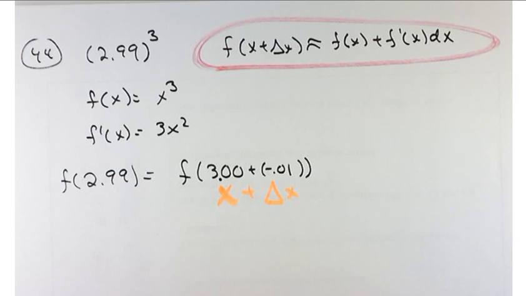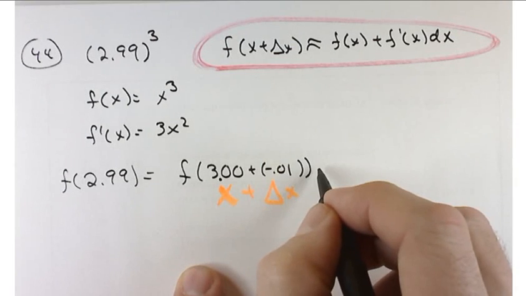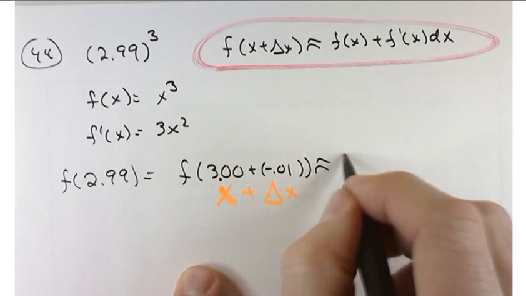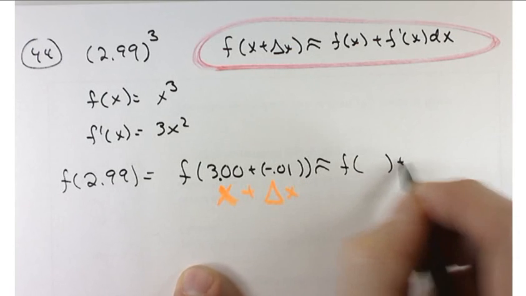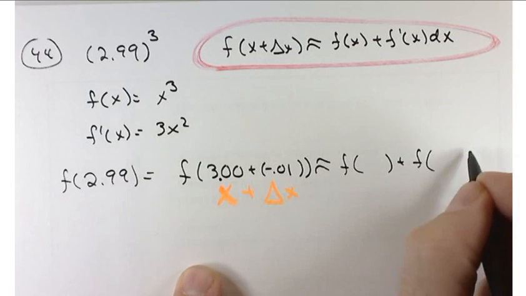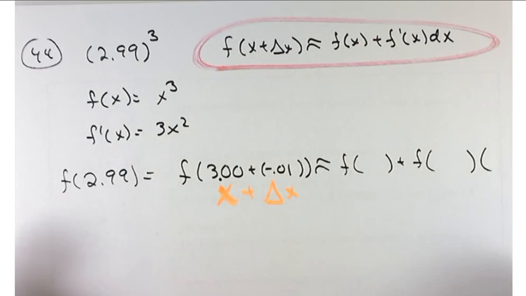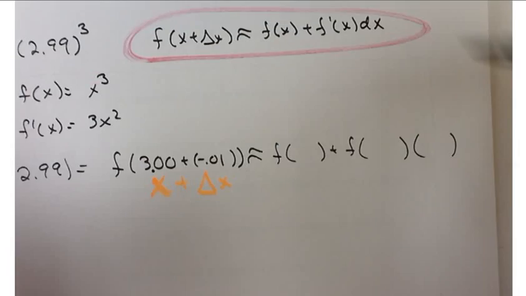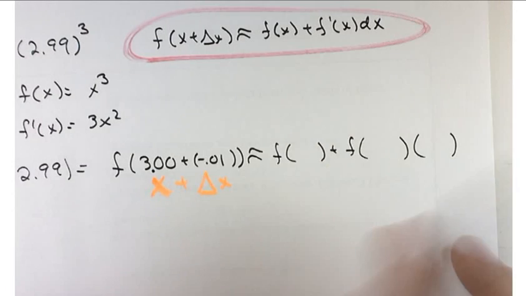The rest of this stuff we can fill in according to this formula. This is approximately something here plus something here times delta x. See how far you can get with this stuff. Kind of lined it up for you a little bit.